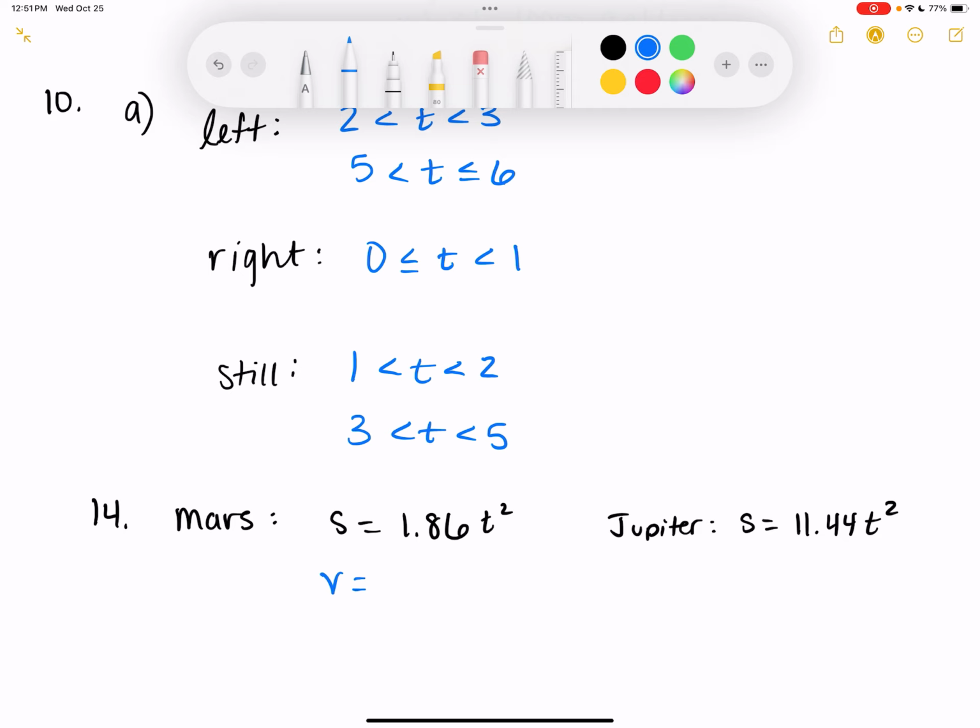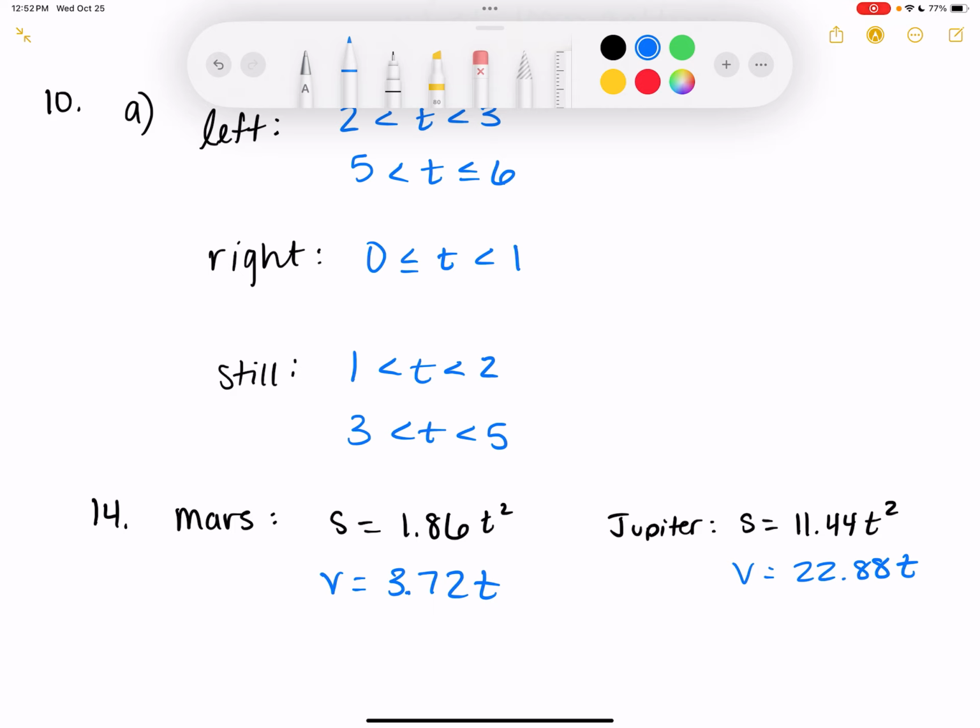So I'm now going to call it V. 3.72 T. And let's go ahead and do it for Jupiter as well while we're in the mode of doing that. 22.88 T. Those are my two velocity functions for their respective planets.